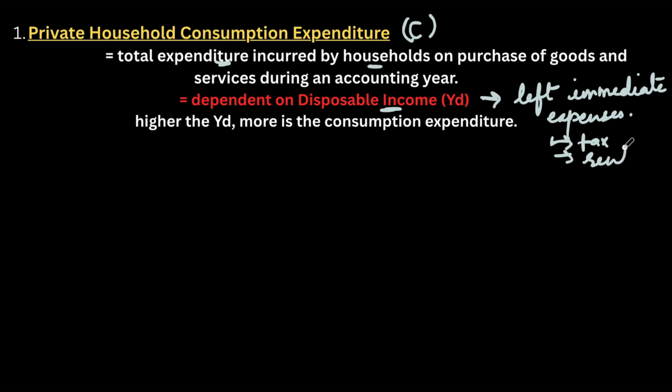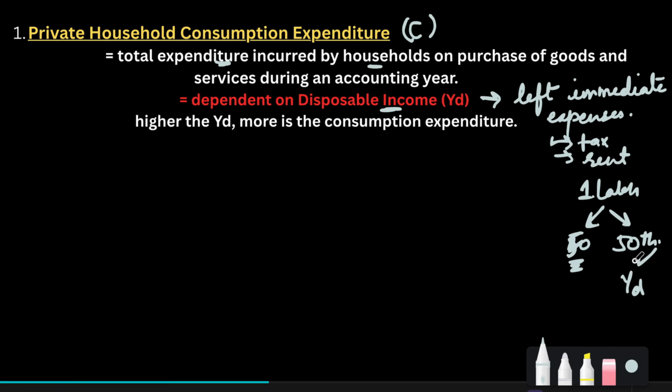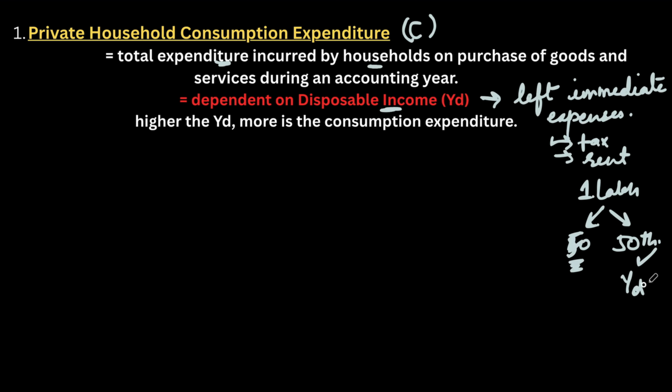Whatever income is left with you, for example, if you earn 1 lakh rupees per month, and you have spent 50,000 rupees on important expenses, what you are left with, 50,000 rupees, will become your YD, disposable income.